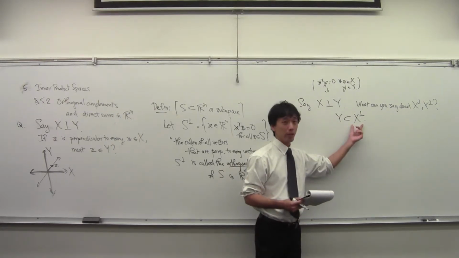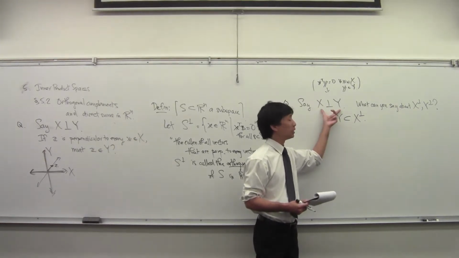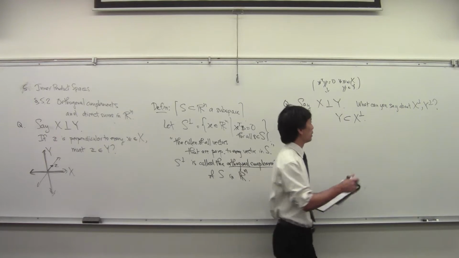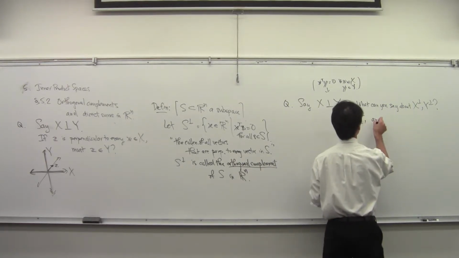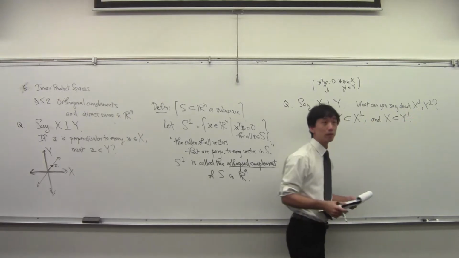Because x perp is everybody who's perpendicular to everybody in x, right? And we know from the statement here that everybody in y is perpendicular to everybody in x, right? So y is contained in x perp, and also we know that x is contained in y perp. Right?